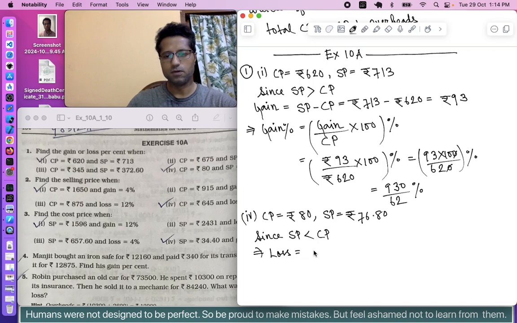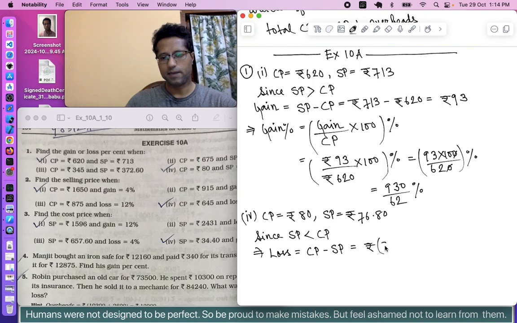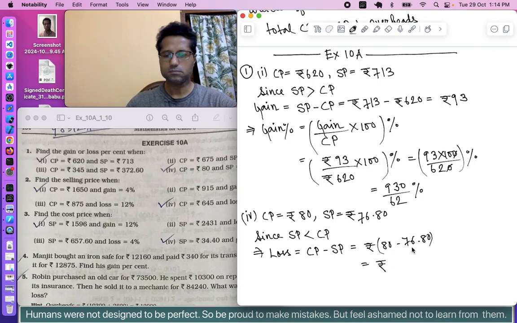The loss is equal to cost price minus selling price, which is rupees 80 minus rupees 76.80. This is equal to rupees 3.20. Rupees 3.20 is the loss.